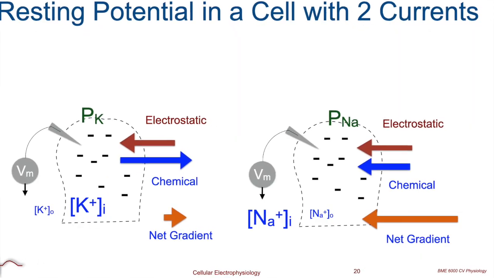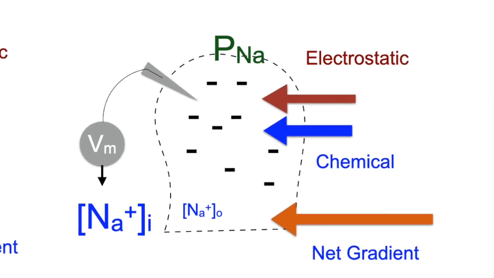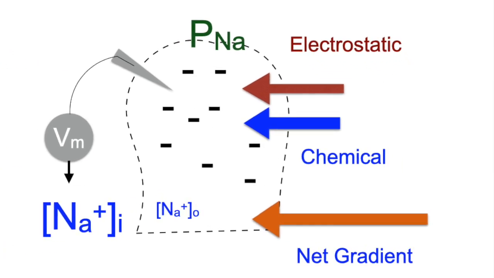Now on the right-hand side, we see the same scenario, but for sodium. And of course, sodium lives in a different configuration in which there is a much higher concentration outside the cell than inside the cell. So in this case, the concentration gradient is going into the cell. And that will tend, if nothing else were present, to drive sodium into the cell. Of course, that sodium will also be drawn into the cell because the cell is at a certain membrane voltage.